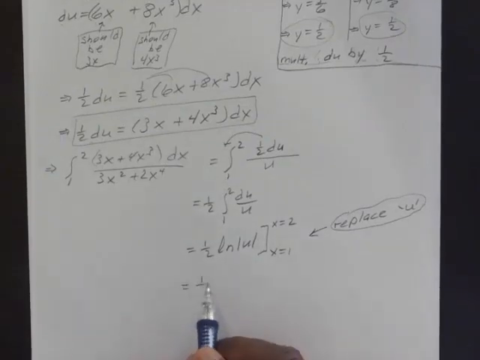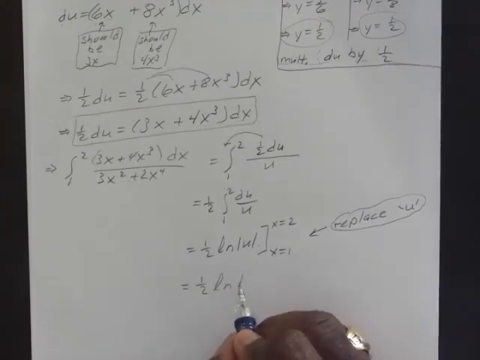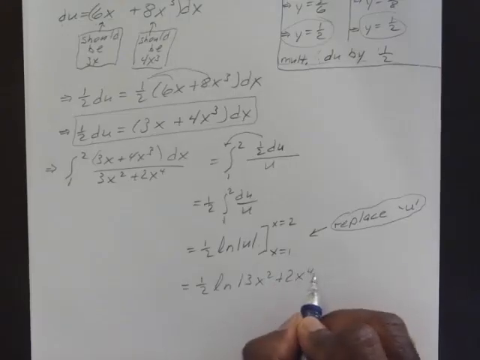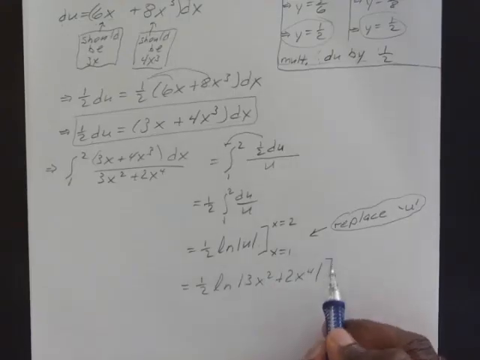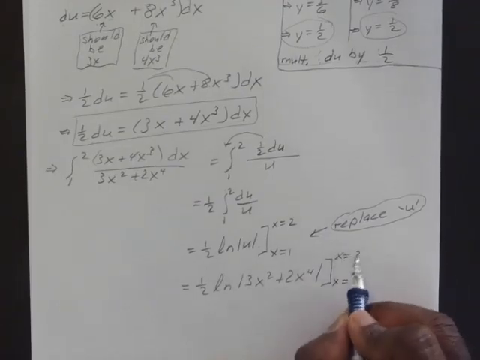So that would give you 1/2, and instead of the natural log of u, that would give us the natural log of 3x squared plus 2x to the fourth power. And that is from x is equal to 1 to x is equal to 2.